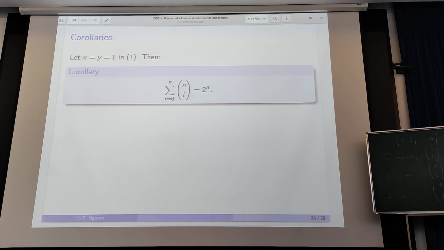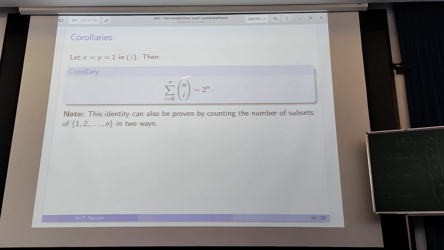But since every subset of our set of n elements must have a size between 0 and n, this left-hand side in fact counts all the subsets. Okay? So here we have two ways of counting the number of subsets of a set of n elements. So that gives us this identity.